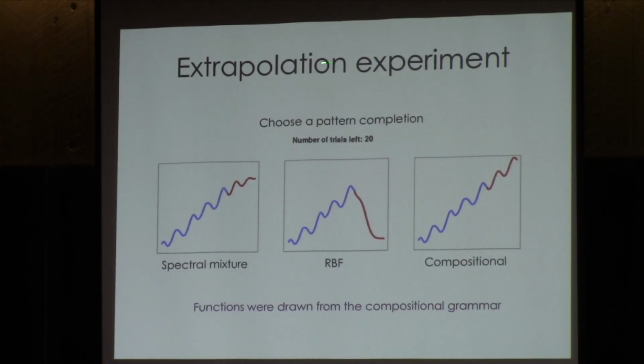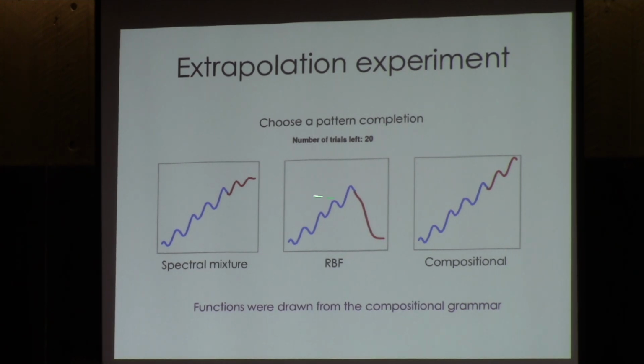OK, so here's the extrapolation experiment that we did, our first experiment. The way this works is we're going to show subjects these functions. The training part is in blue, and the blue is the same in all of these panels. And then they get to see different completions. The way these completions are generated is that we took a Gaussian process with one of these kernels, fit it to the blue data, and then extrapolated it to produce the red data.